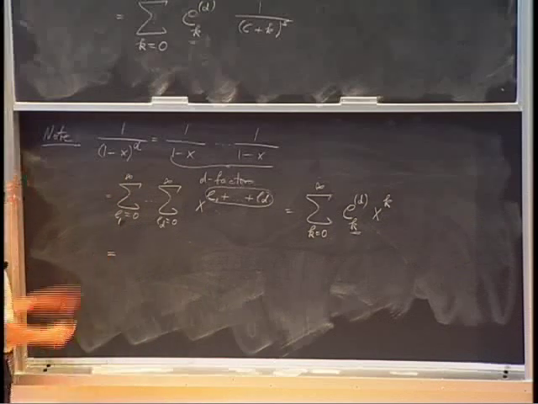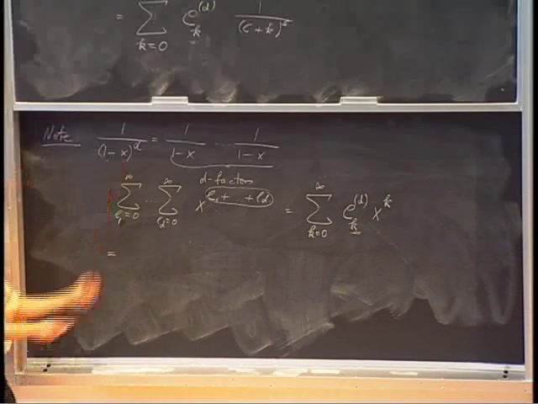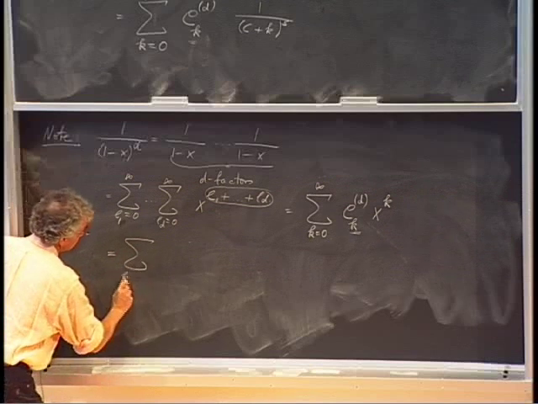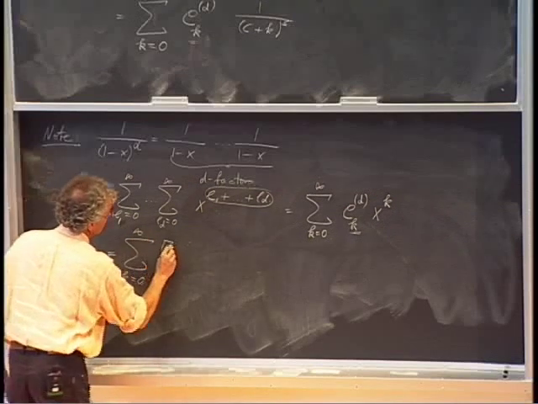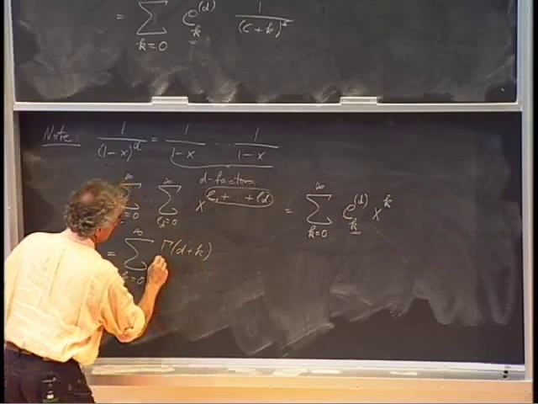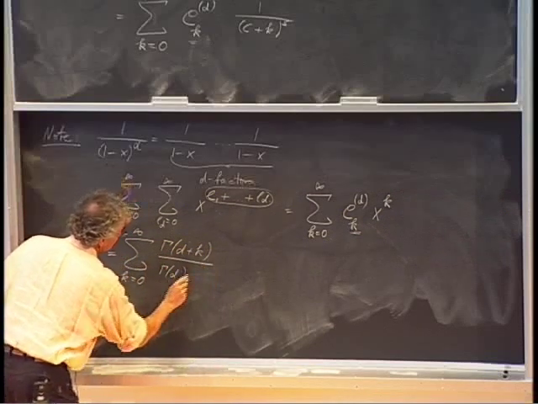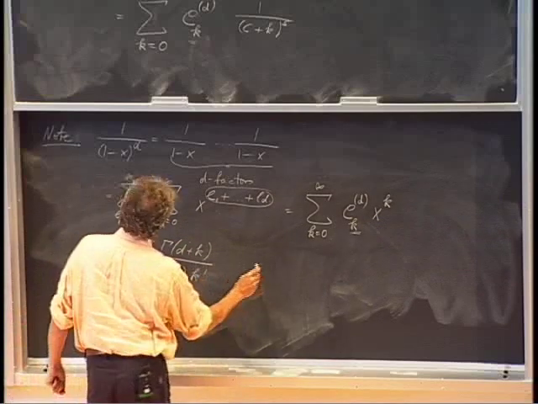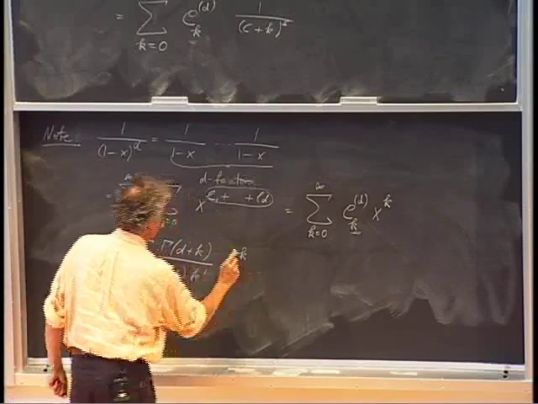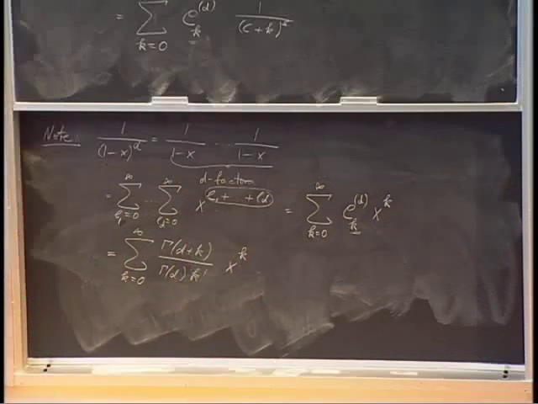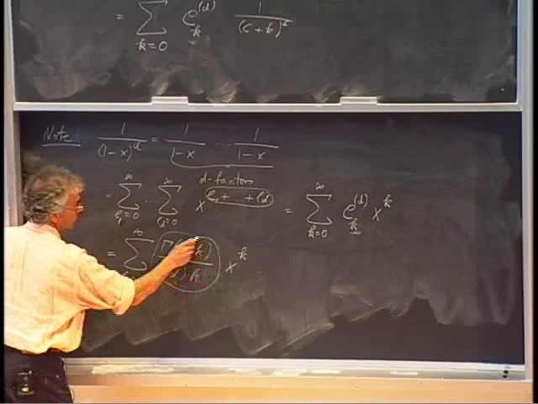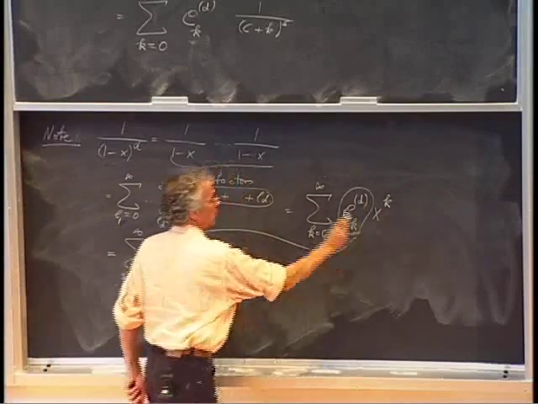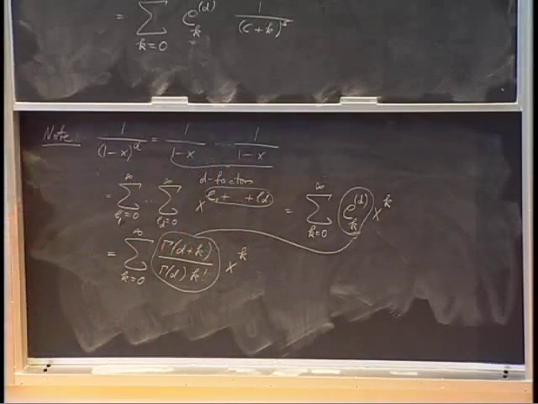On the other side, you can simply use the binomial formula here. Write down this answer. And by comparing, you see that this combination is the number of possibilities to write k as a sum over d integers.